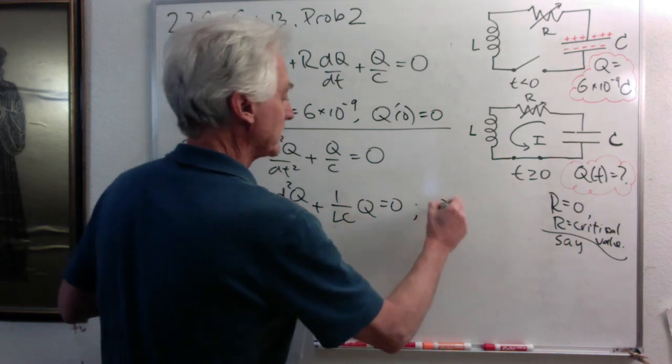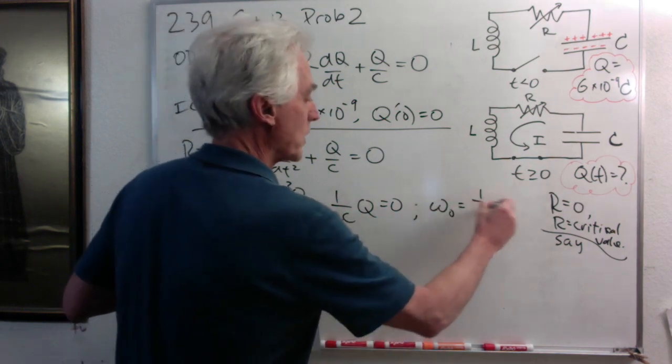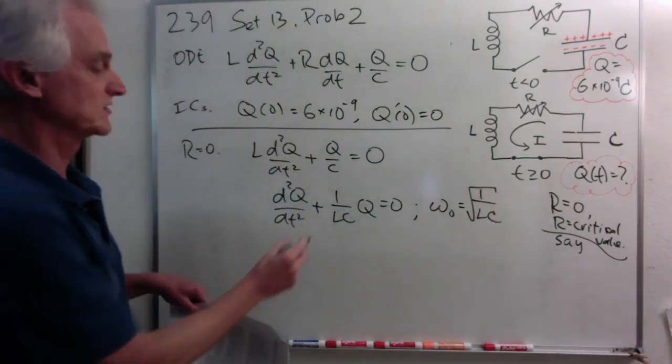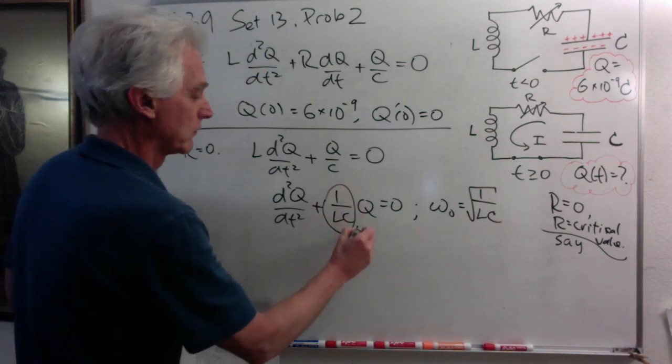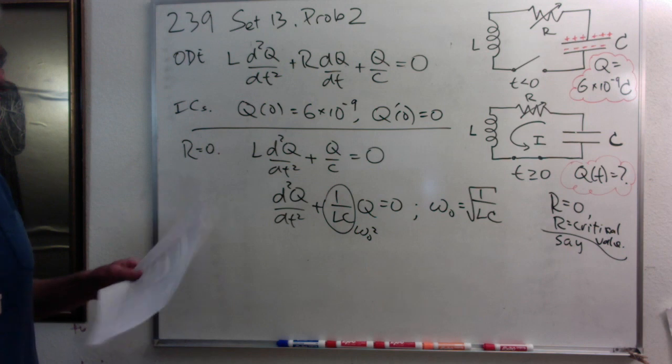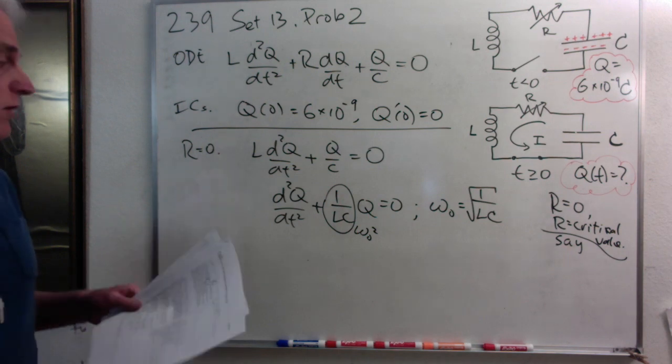So omega naught in this case is 1 over the square root of LC, right? This is omega naught squared. And then you know how to solve that. I won't go into that a whole lot.